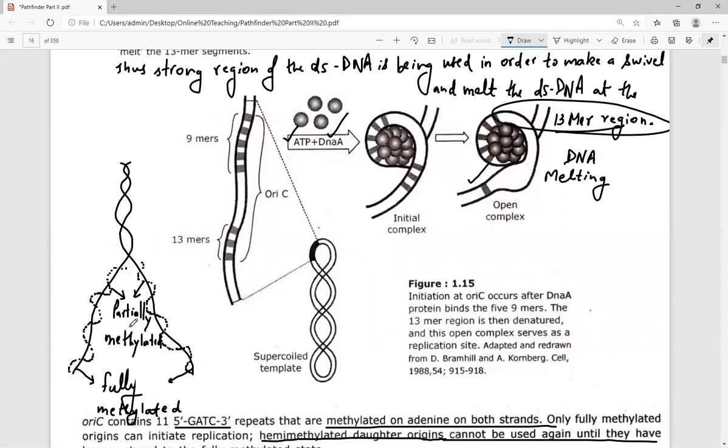So DNA polymerase enzyme will perform proofreading only on the partially methylated DNA molecule.